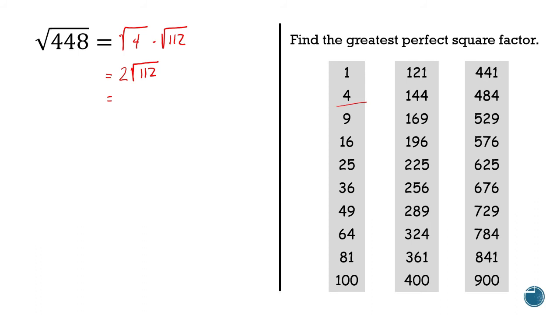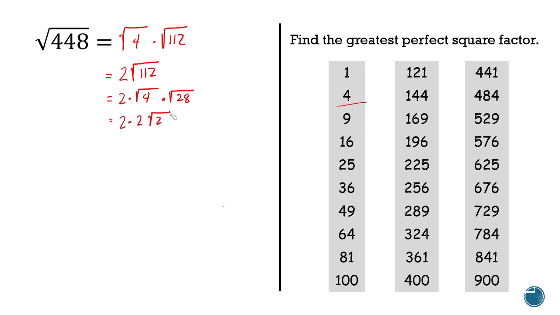All right, and let's say you said, oh, I think 4 again. You might think that, right? 4 again. Let's try 4 again. Okay. So this is equal to 2 times the square root of 4 times the square root of what? 28. Okay. And as we all know, the square root of 4 is positive 2.